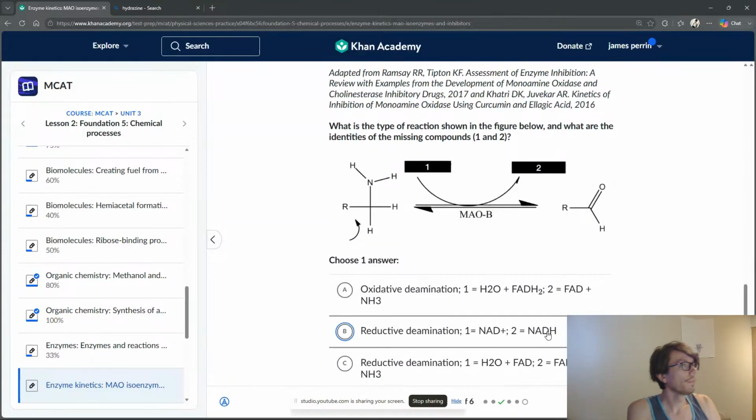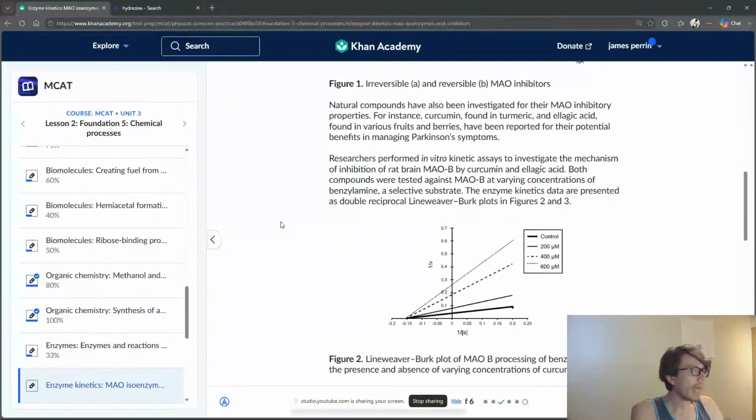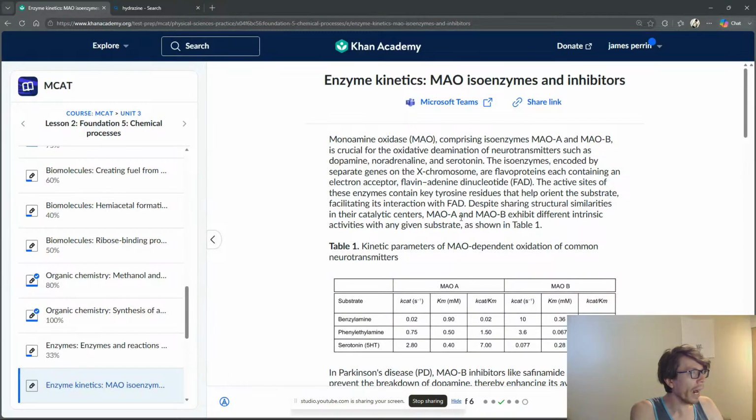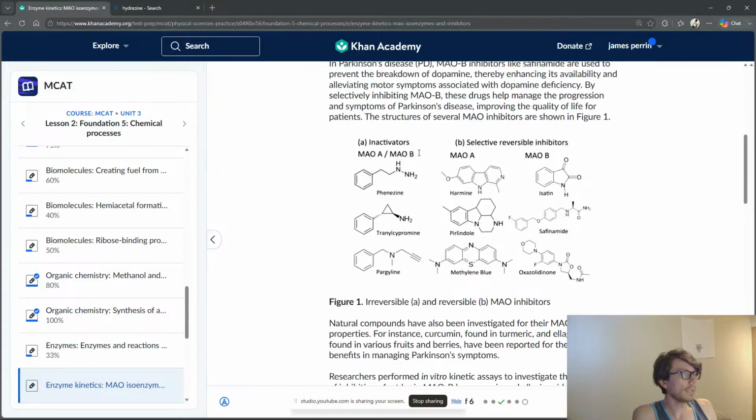This is crazy. The type of reaction shown in the figure below. What are the identities of the missing compounds? Oh boy. Did it tell me? Oxidative deamination. Okay, so deamination.